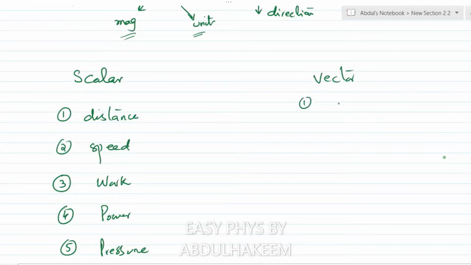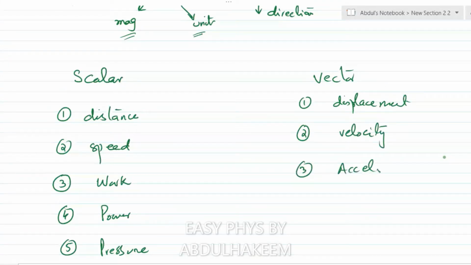On the other hand, vectors: number 1 is the displacement. Number 2 is the velocity. Number 3 is the acceleration. Number 4 is the momentum.